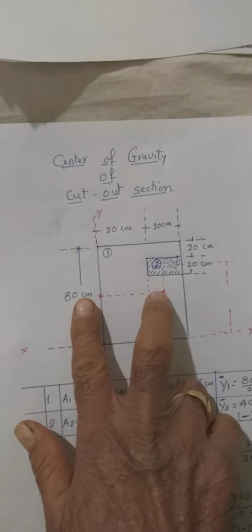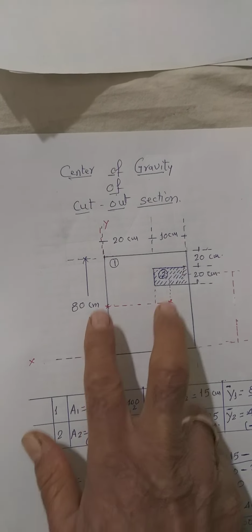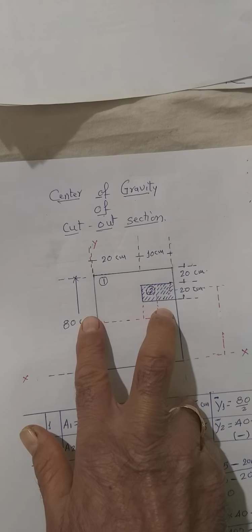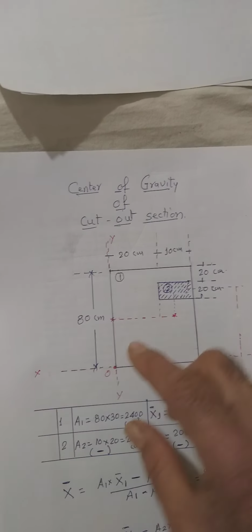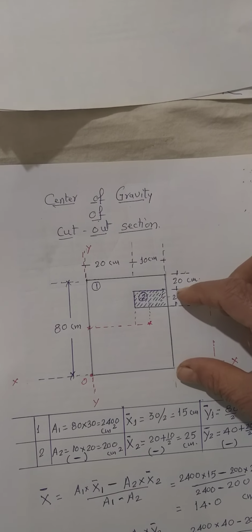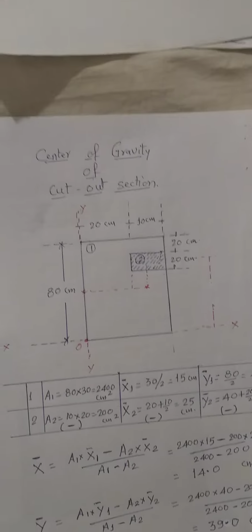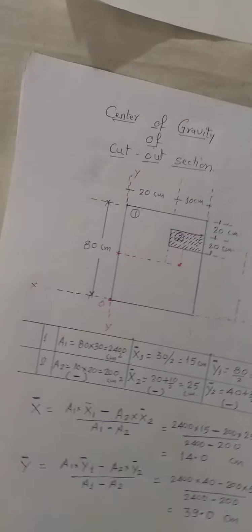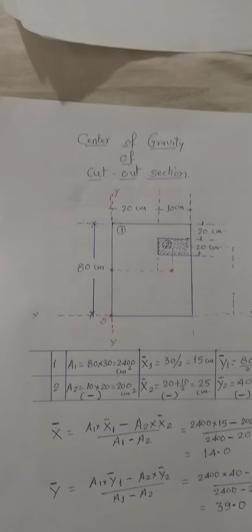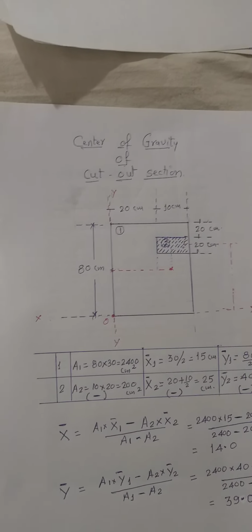Similarly, if I call this x bar 1, this will be x bar 2 with a minus sign. If I call this y bar 1, then this will be y bar 2 with a minus sign. And then the problem will be nothing but the same as (A1 x bar 1 plus minus A2 x bar 2) upon (A1 plus minus A2).